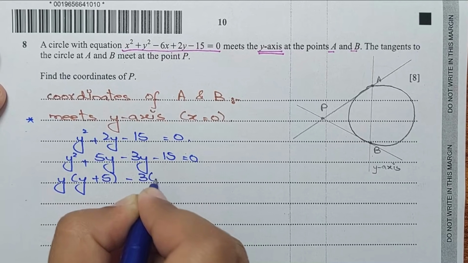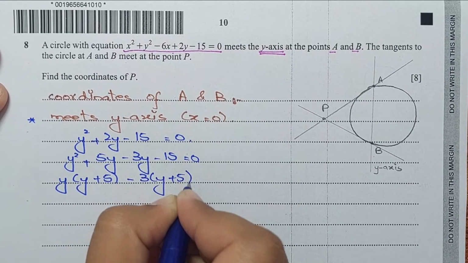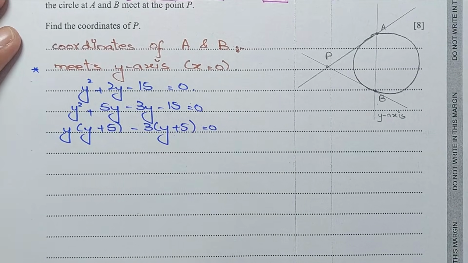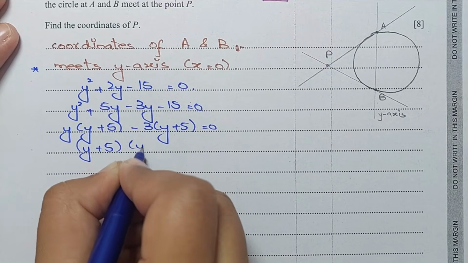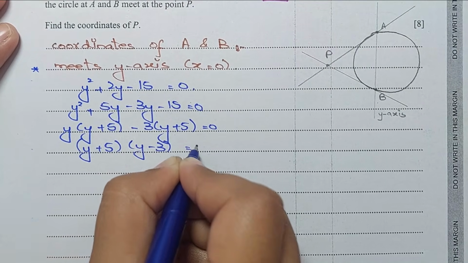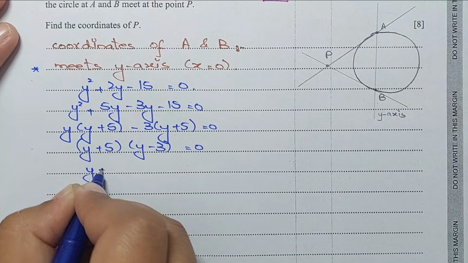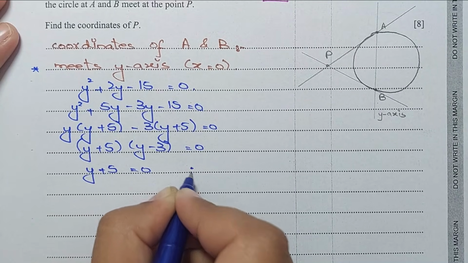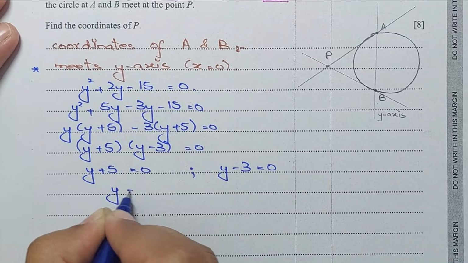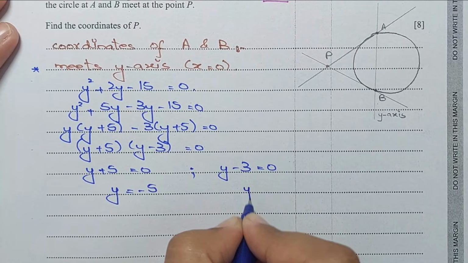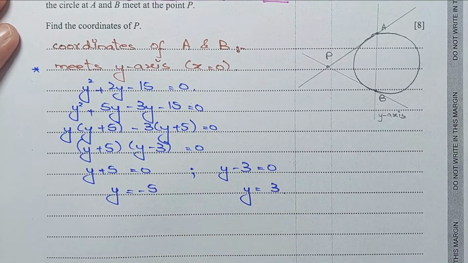Negative 3 is common. Y plus 5 is left, equals 0. The two factors are y plus 5 and y minus 3, equal to 0. So y plus 5 is equal to 0, or y minus 3 is equal to 0. From here the y value is negative 5 and here the y value is positive 3.